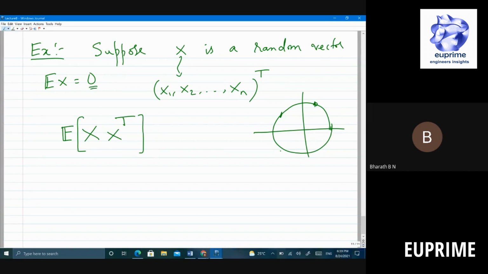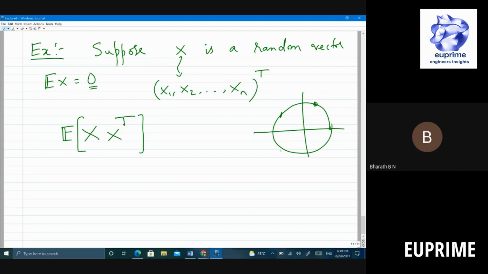Now, what is this called? You should have studied this in your probability theory. Yes or no? At least say yes, no, I don't remember, or I don't want to answer.